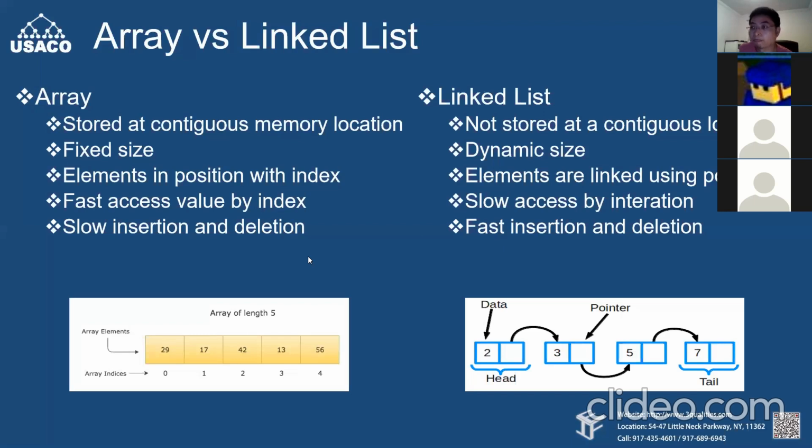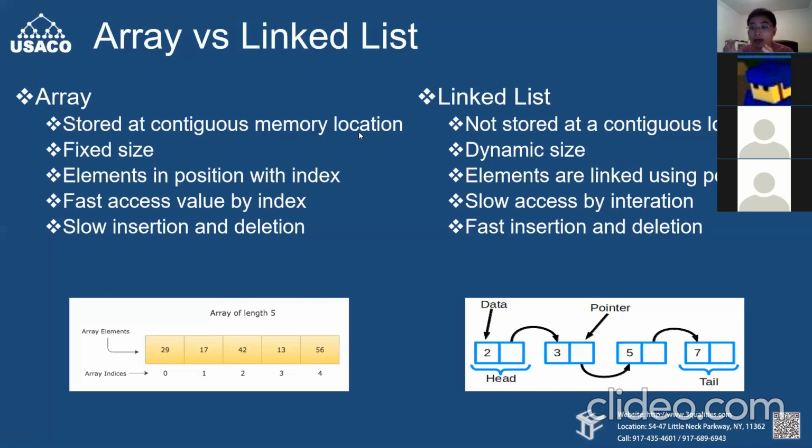Okay, so array and linked list. Let's take a look at the first line. Array is stored at contiguous memory location. We explained last time, memory is a storage where we put all those data.